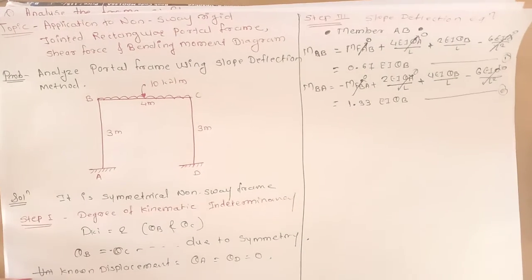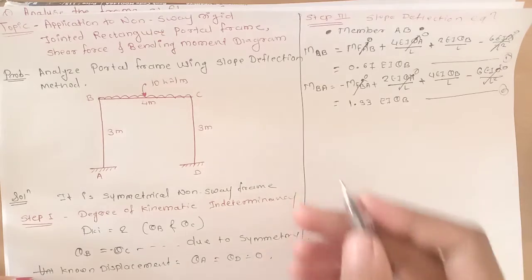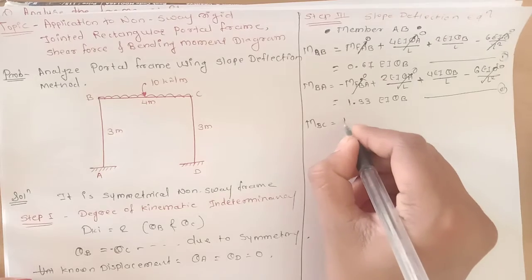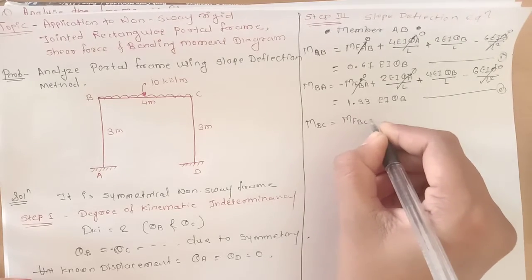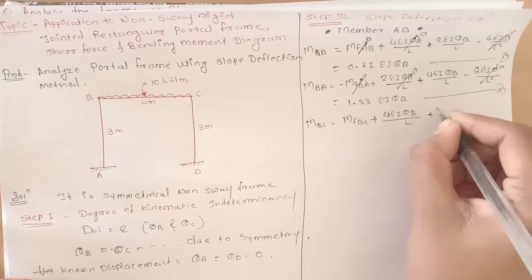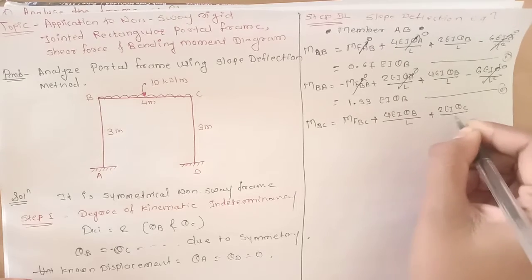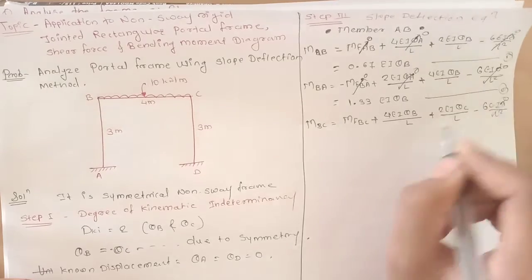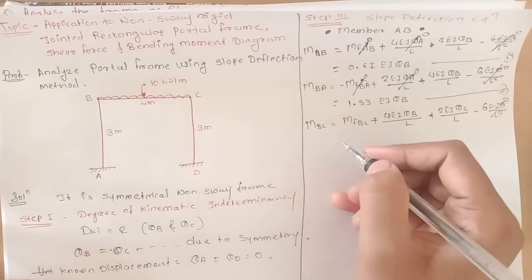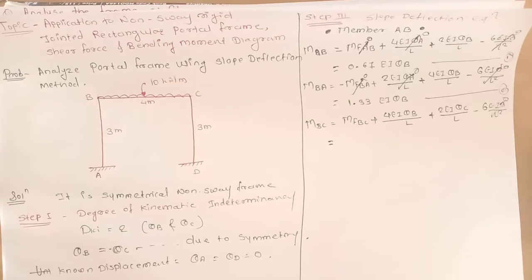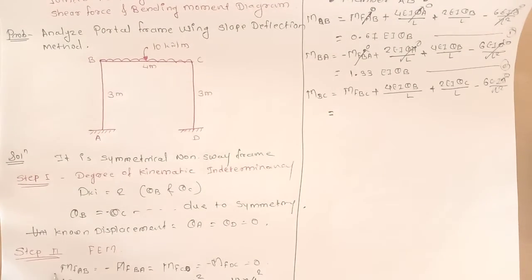Then next, take the BC member. The slope deflection equation for member BC is, the formula is fixed moment for member BC plus 4EI theta B divided by L plus 2EI theta C divided by L minus 6EI delta divided by L square. Here the delta term is 0. We know that the fixed moment for member BC is 13.33, which was already calculated in step number second.